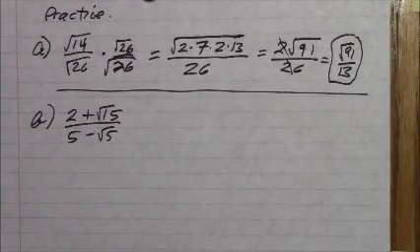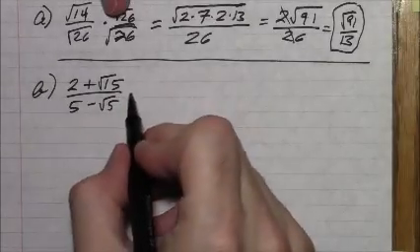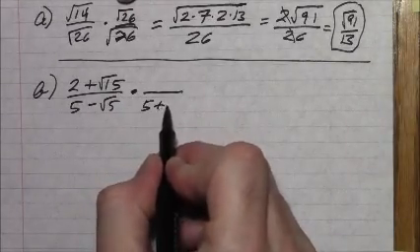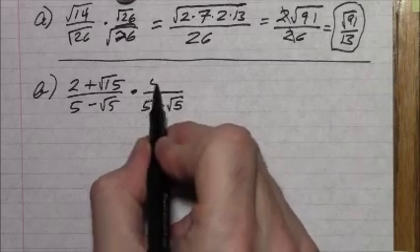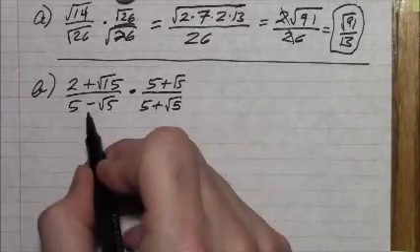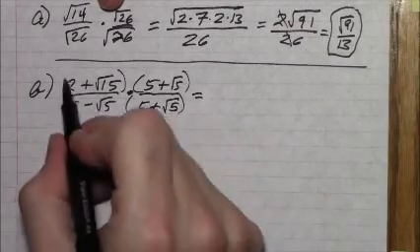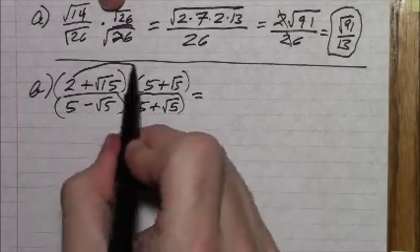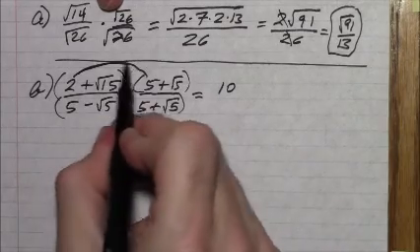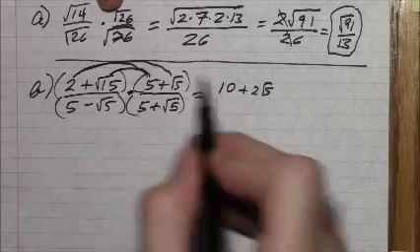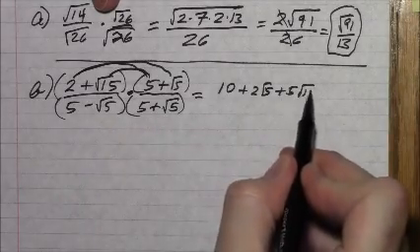Now, for the second one, this is where we would multiply by the conjugate. And that was the idea, was to get you to practice doing one with a conjugate. And it's simply the same denominator, but changing the sign. So now, we're going to have a bunch of these. Let's do 2 times 5 is 10. That's going to be plus 2 root 5. Then we're going to have this one, which is plus 5 root 15.